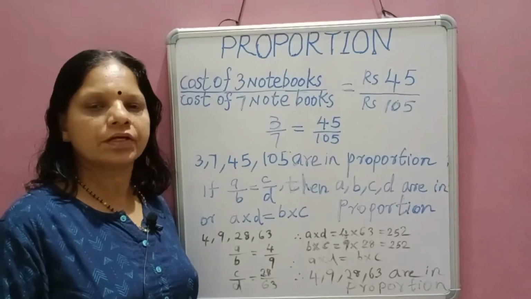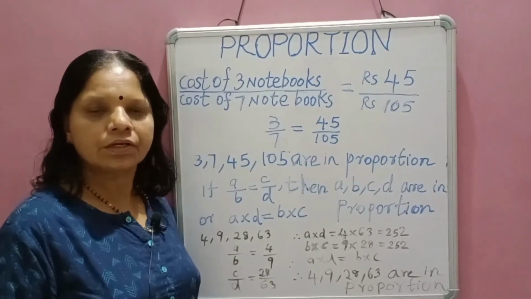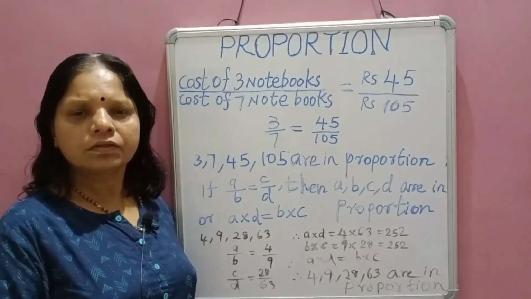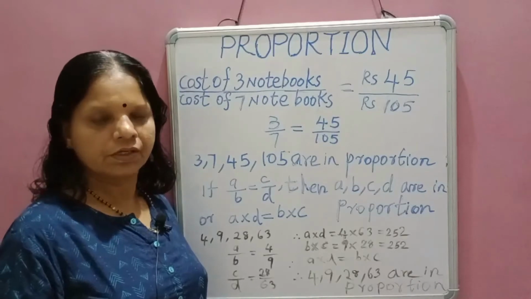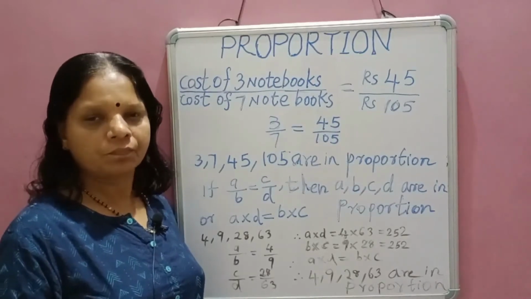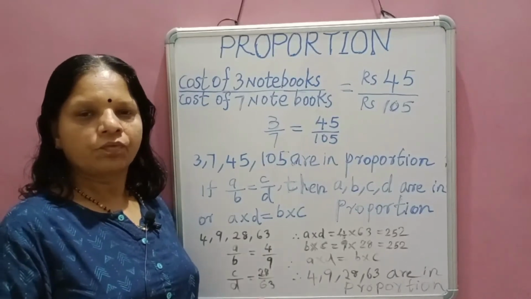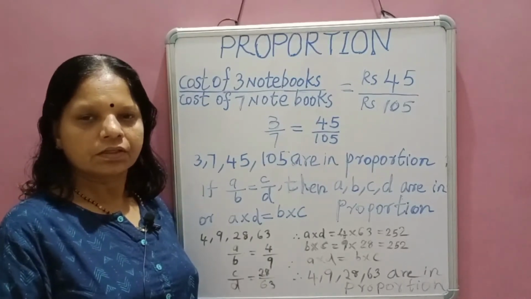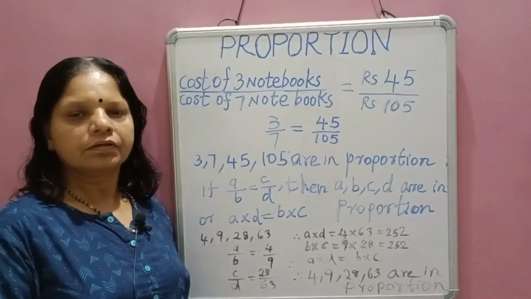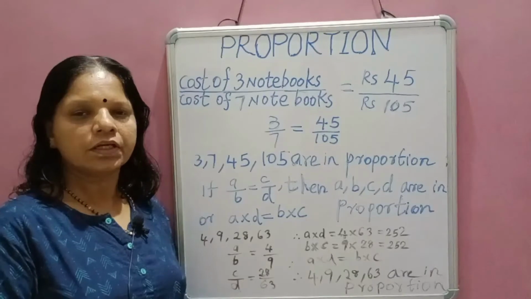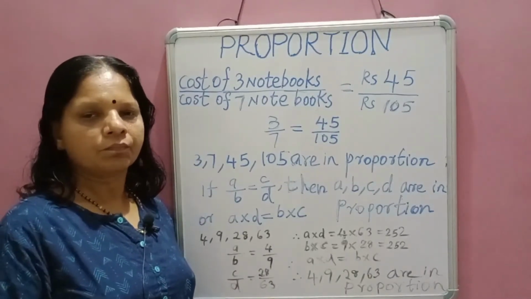In the same ratio, or when two ratios are equal, the terms in the ratio are in proportion. We are telling in the same proportion. When she makes 4 cups of tea and 12 cups of tea, then they are in equal ratios or they are in proportion.